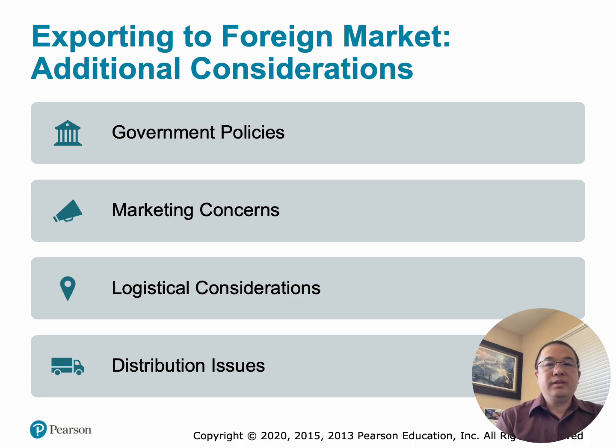Number 4, distribution issues. Companies must determine how products reach end customers. Distribution options would include direct sales, local distributors, retailers, agents, and e-commerce platforms.